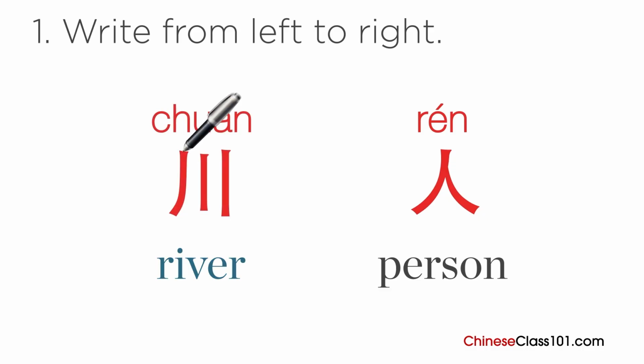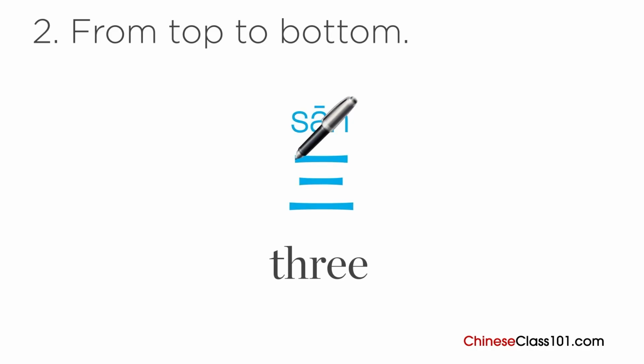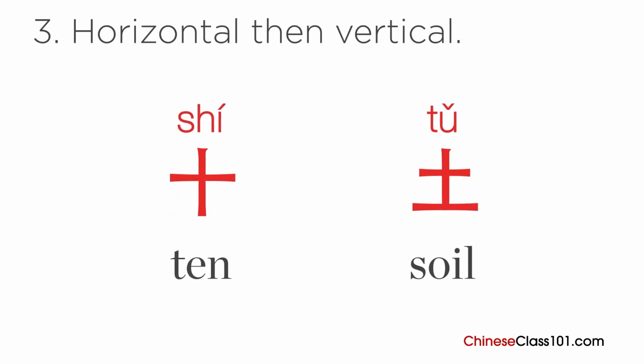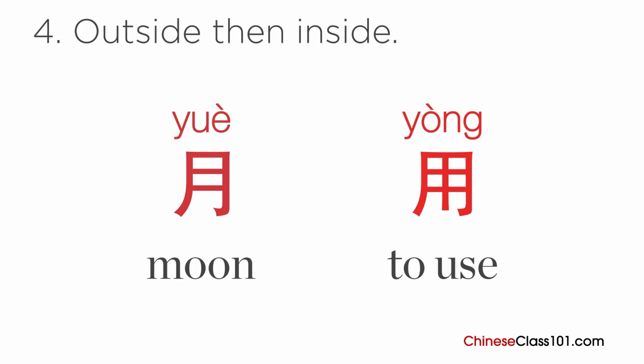川, river. 人, person. From top to bottom. 三. Horizontal, then vertical. 十. 土, soil. Outside, then inside. 月, moon. 用, to use.